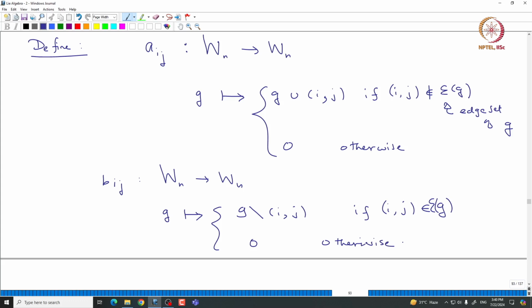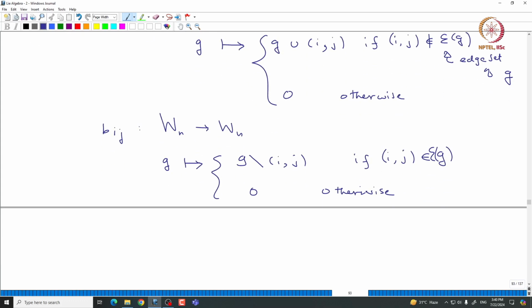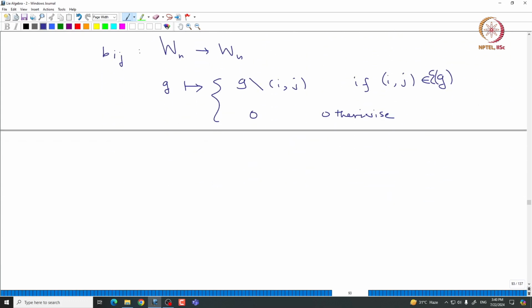So basically, Aij includes this new edge between i and j, and Bij deletes it if there is an edge between i and j. These are the two operators that we are interested in.